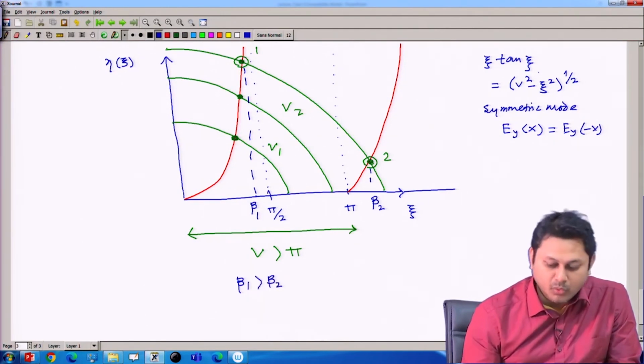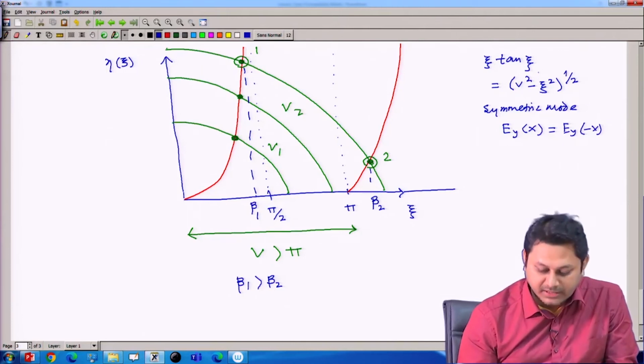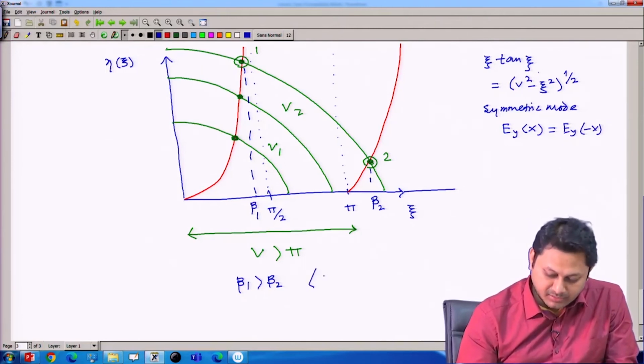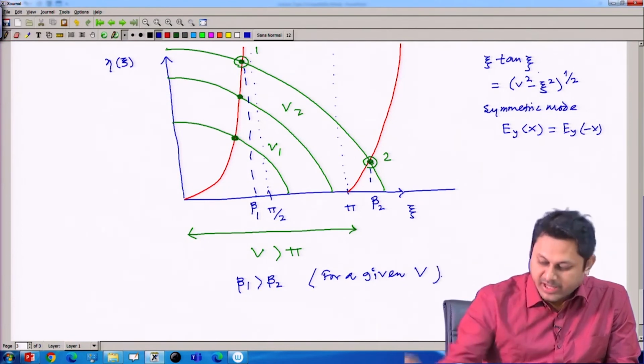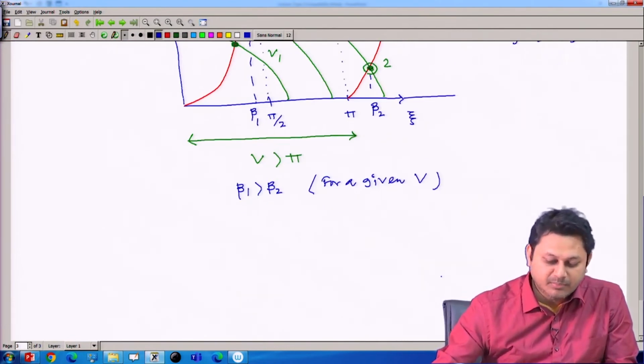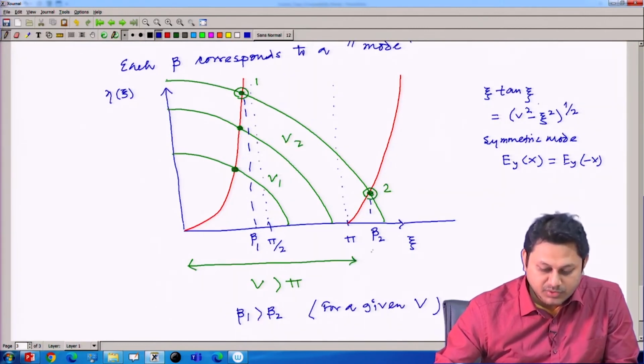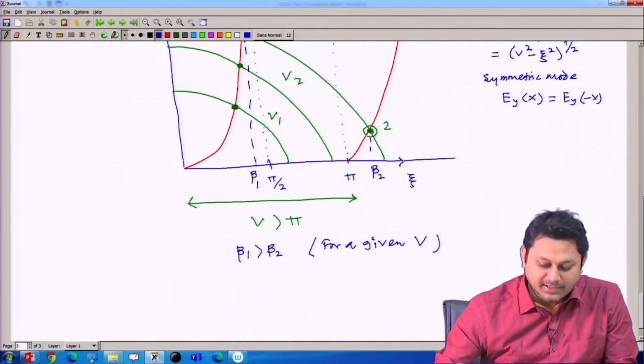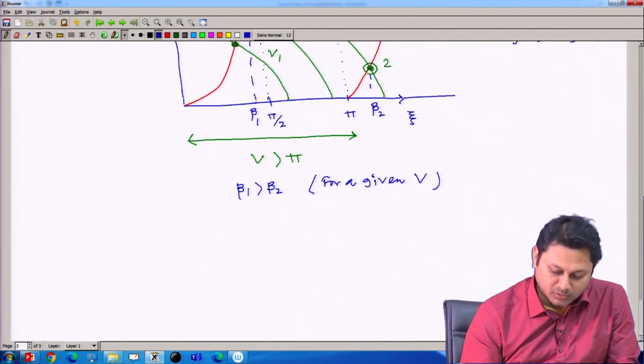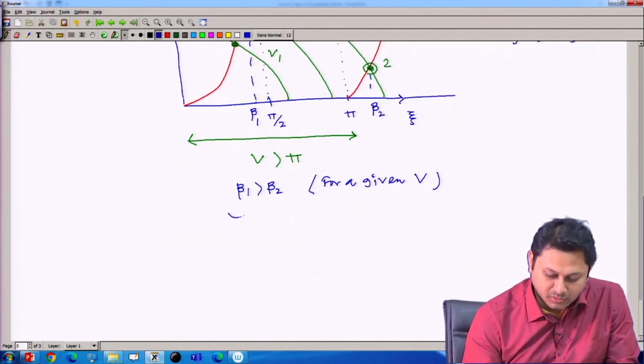So, this is for one mode and this is for another mode for a given value of v. That means when v is greater than pi, at least for this plot, then instead of having one solution, I have two solutions, and these two solutions correspond to two different modes.